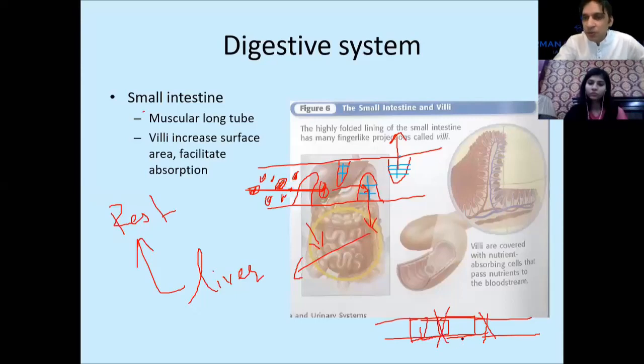So what does that mean? They stop that portion of the intestine from absorbing anything, and they place an alternate route, an alternate duct from the intestine to bypass that portion. So the digested food is coming from this side, and then it moves from here, bypassing that portion, and then reaches here and goes to the next.